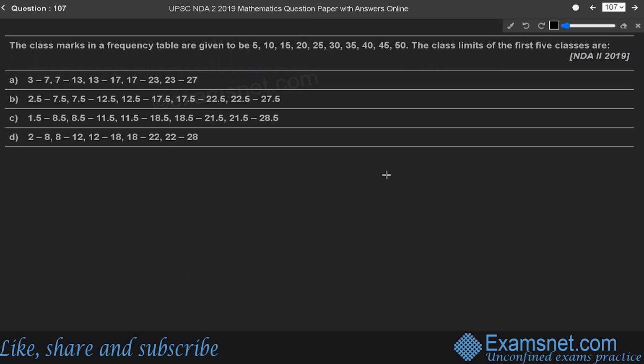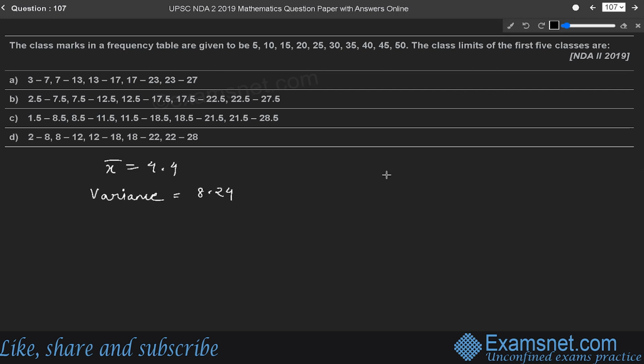Next question is: the class marks in a frequency table are given to be 5, 10, 15, 20, 25, 30, 35, 40, 45 and 50. The class limits of the first 5 classes are. We know that the mean will be 4.4 and the variance will be 8.24.